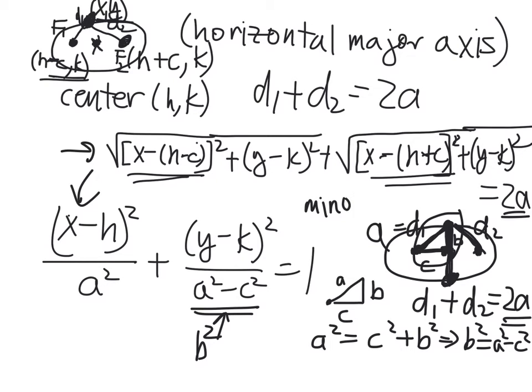If the major axis is horizontal, that's the longer part, then the minor axis, the smaller part, will be vertical. Eventually we'll flip it around, where the major axis is vertical, then the minor axis would be horizontal. Okay? So, putting all of this together, we can formalize our standard form for the equation of an ellipse.